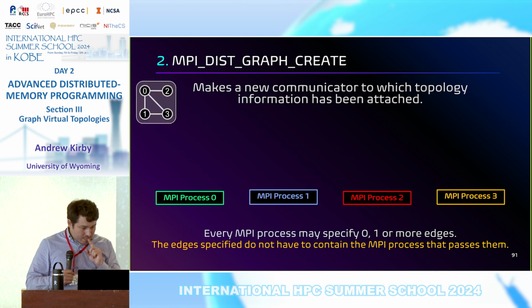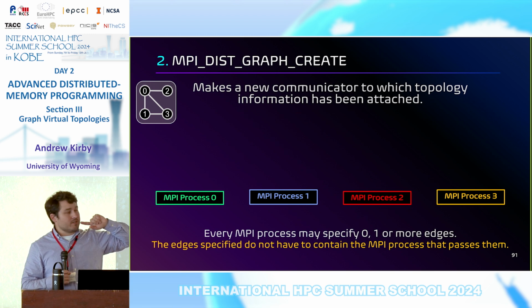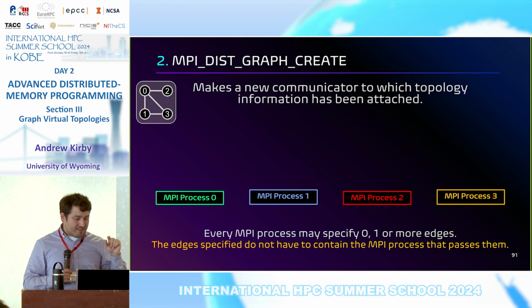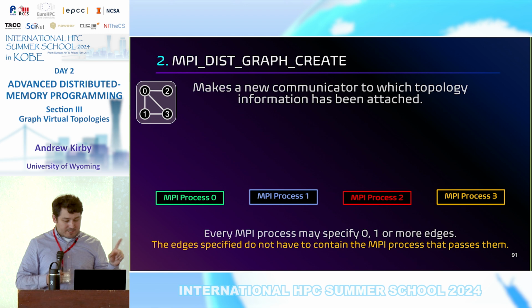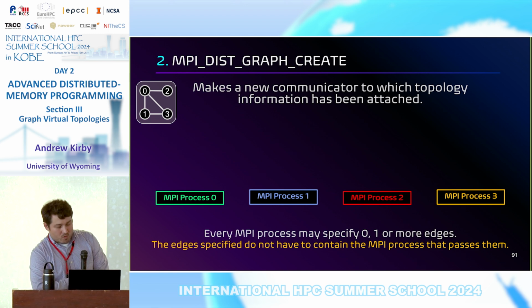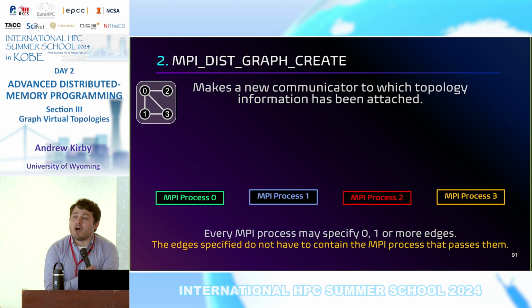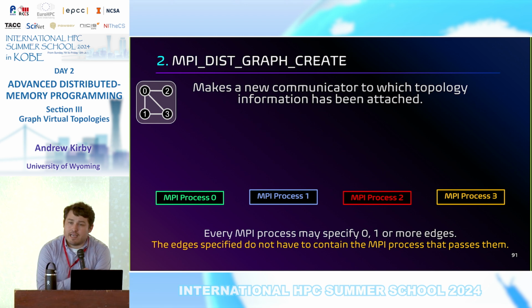Okay. So here's our wonderful graph again, right? 0, 1, 2, 3, with these select connections. And so with dist graph, each process, each MPI rank in a sense, is going to construct a part of the graph, okay?